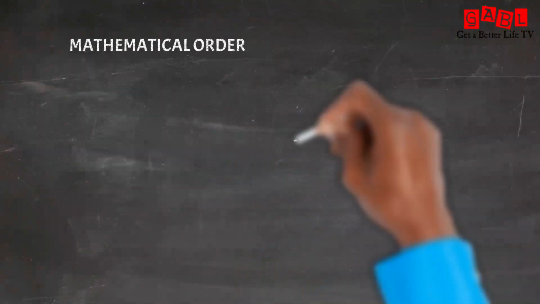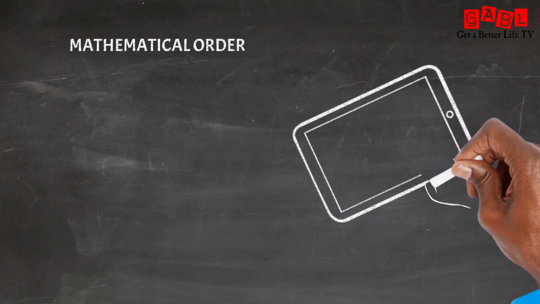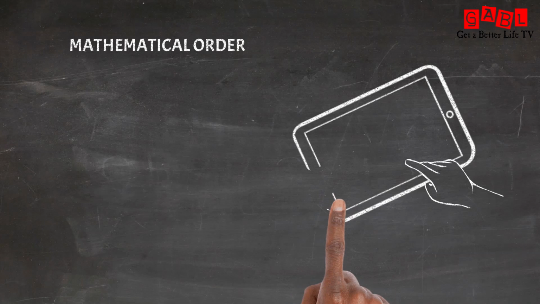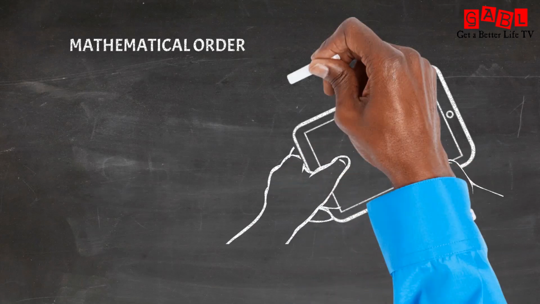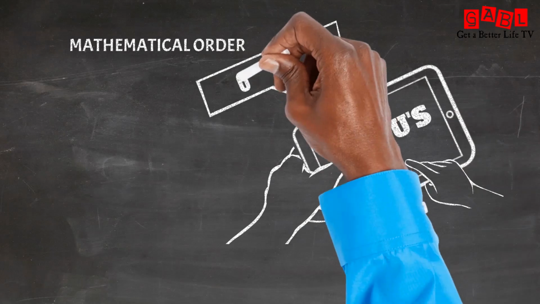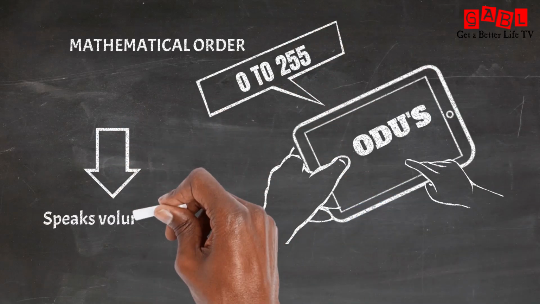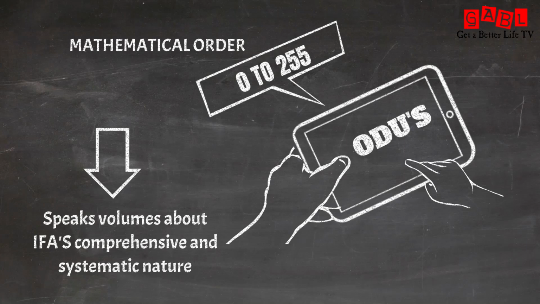This deep dive illuminates the profound mathematical order embedded within this ancient wisdom. Each Odu's unique numerical identity from 0 to 255 speaks volumes about Ifa's comprehensive and systematic nature.